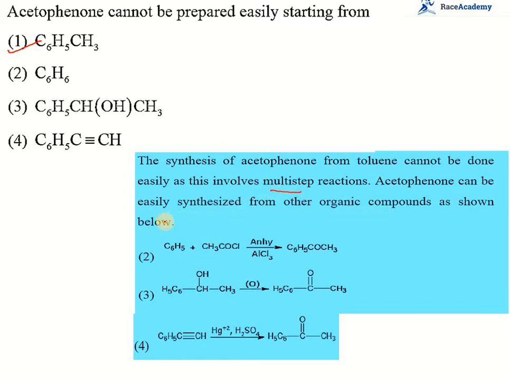But acetophenone can be easily synthesized from benzene derivatives, such as hydroxy derivatives of the compounds, and even phenylethyne is possible to give acetophenone upon hydrolysis in the presence of mercuric ion, following the Kucherov process. So the first option is the right option, that is toluene, from which acetophenone cannot be prepared easily.